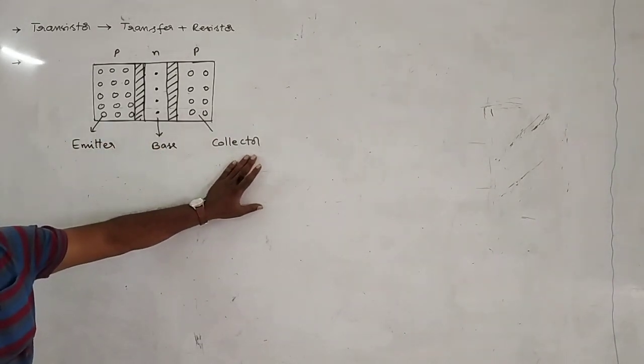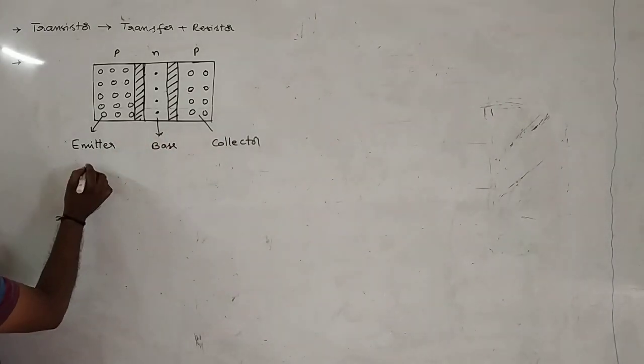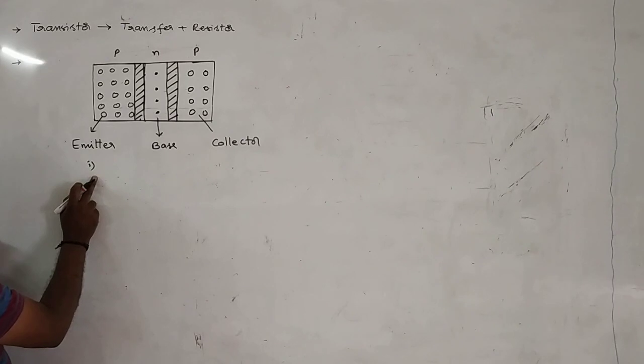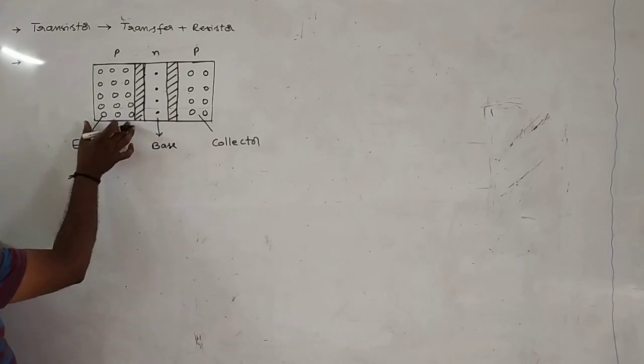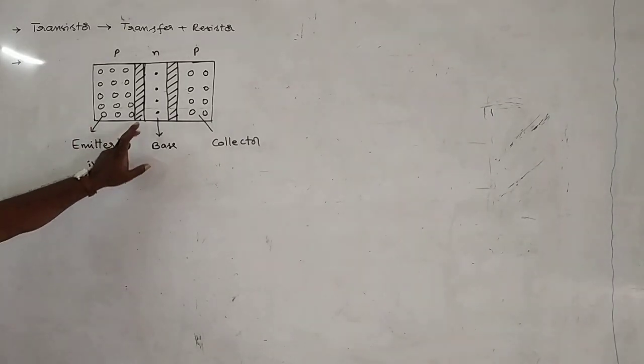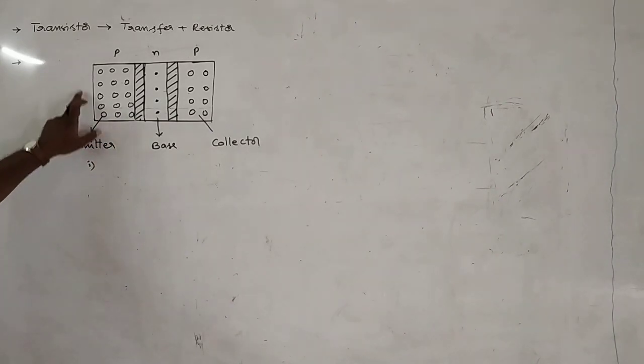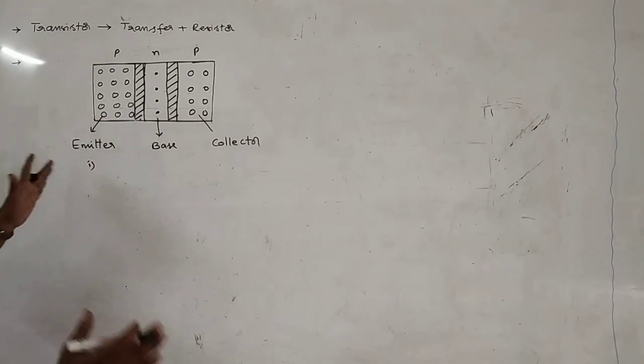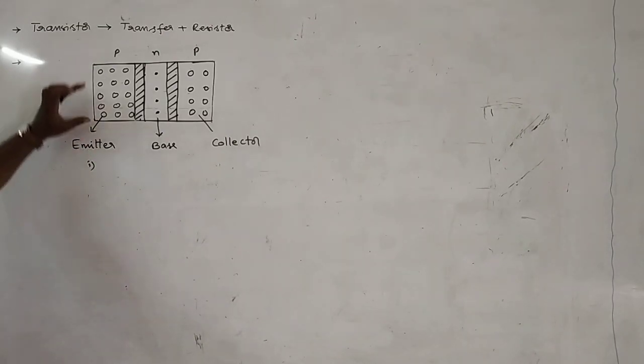Come on, tell me. What is meant by emitter? The first point: the emitter is one side of the transistor. It is a region on one side of the transistor which has a large area of cross section, and it is also a heavily doped region.